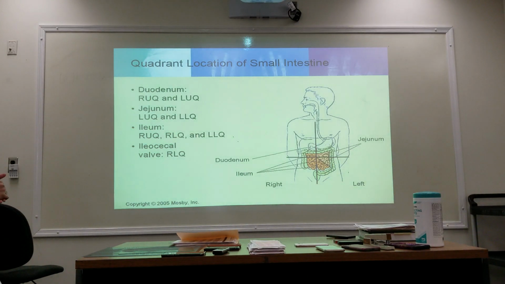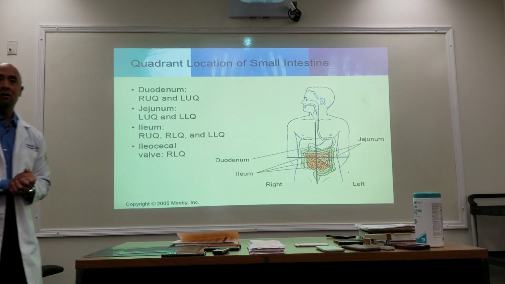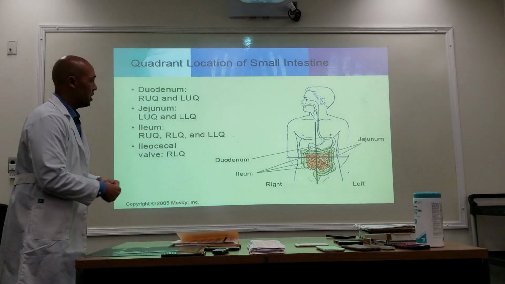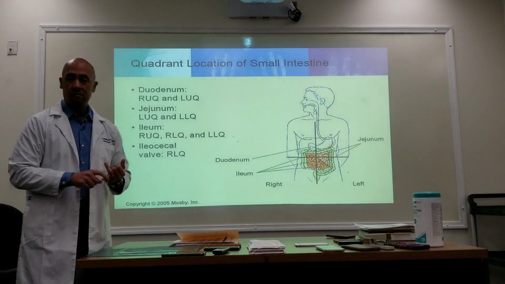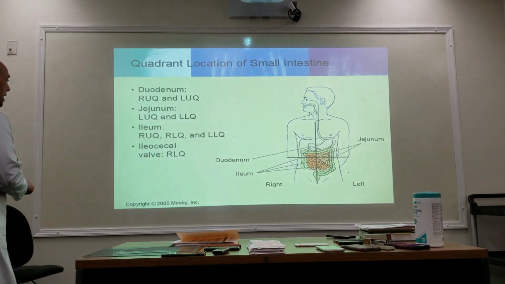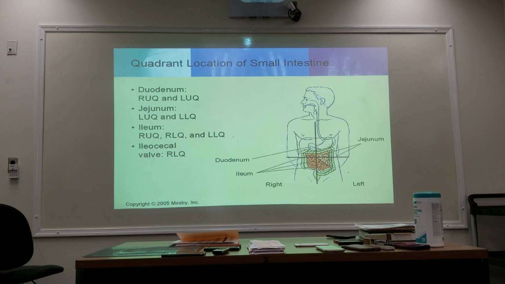All right, you guys remember your quadrants? 4 quadrants: right upper, right lower, left lower. So when we break up the small bowel, it's broken up into 3 segments. You have your duodenum, jejunum, and then your ileum. And if you break them down into your 4 different quadrants, the duodenum is found in the right upper quadrant and the left upper quadrant.